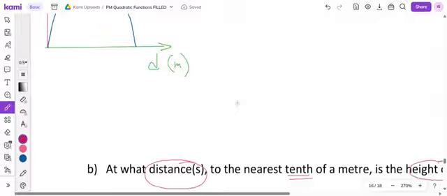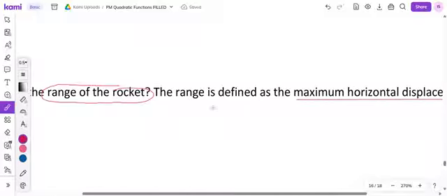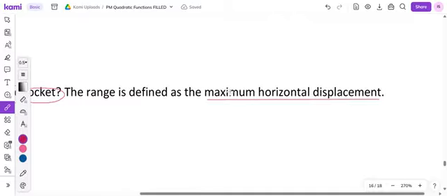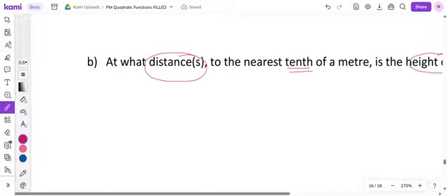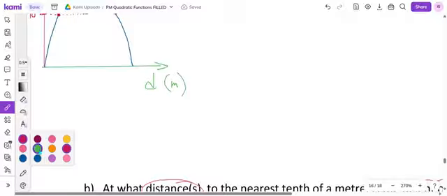All right. Question C. What is the range of the rocket? And then we're given a definition. The range is the maximum horizontal displacement or distance that it flies. So the maximum distance that it flies is from here all the way to here, right? So they're saying, hey, how far is that?